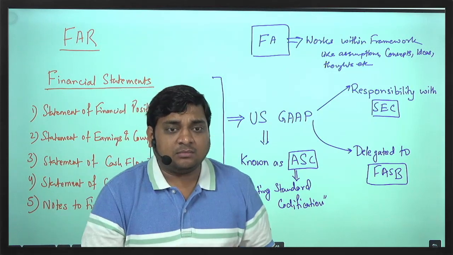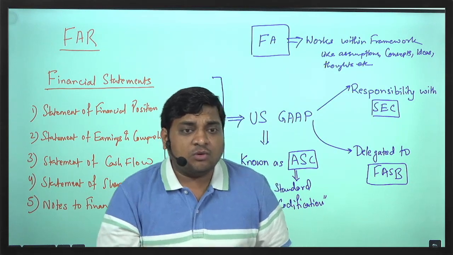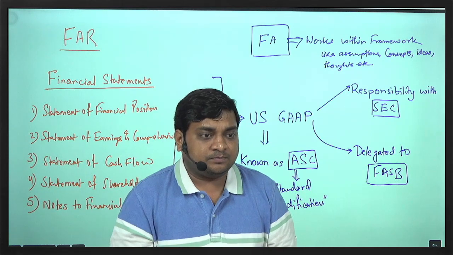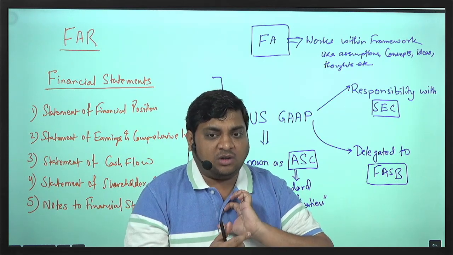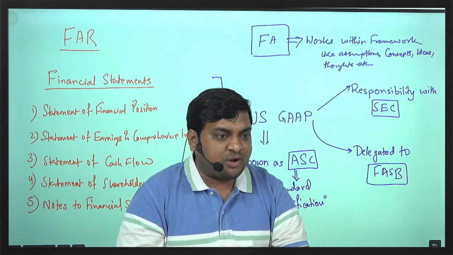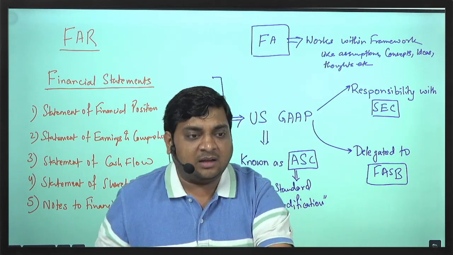First of all, let me just tell you, under financial statement, what all things come. When I talk about financial accounting, it means I am calculating net profit, I am ascertaining net worth, balance sheet.